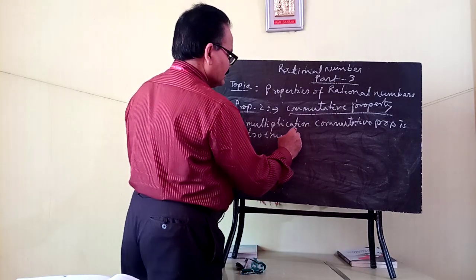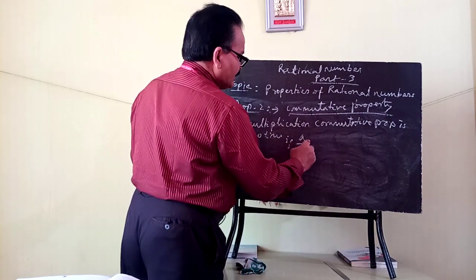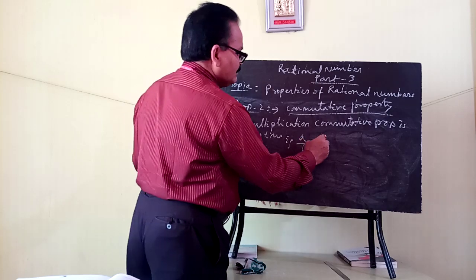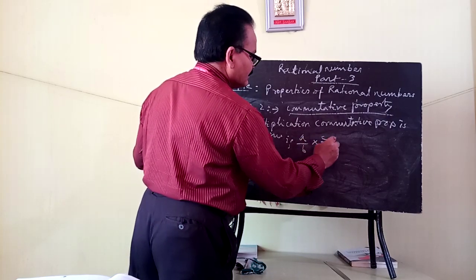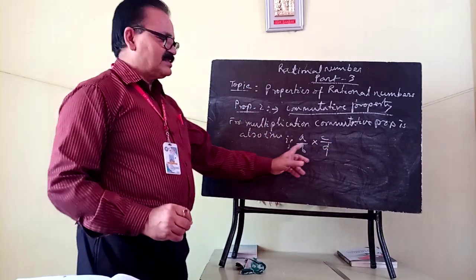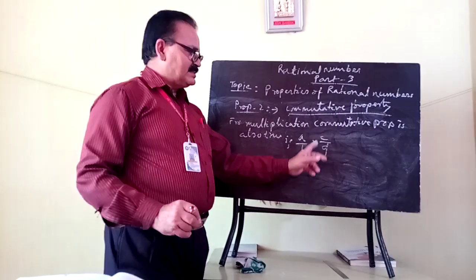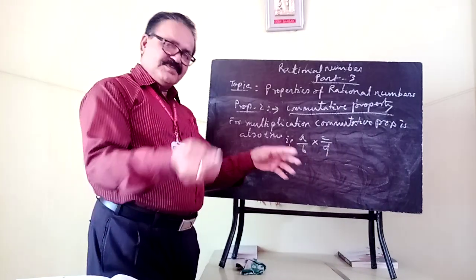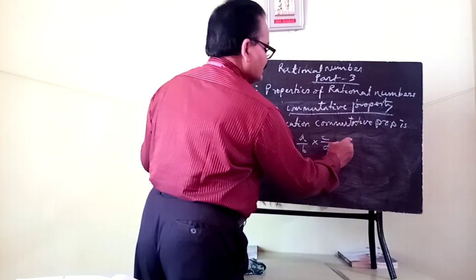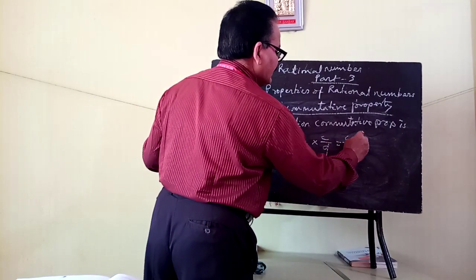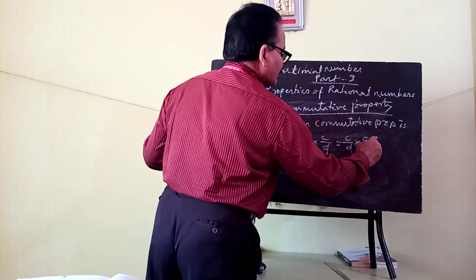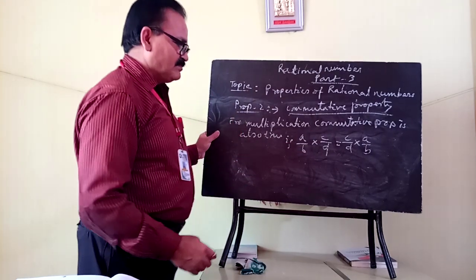That is, if A by B is a rational and C by D is a rational, if we will make the product of A by B and C by D, then if you will change the order, that means if you first write C by D, then multiplied with A by B, the value remains same.